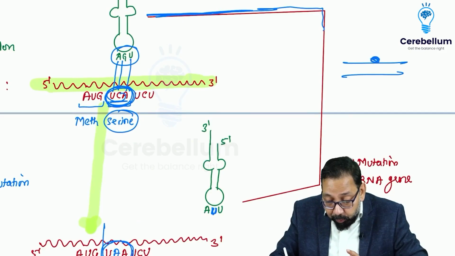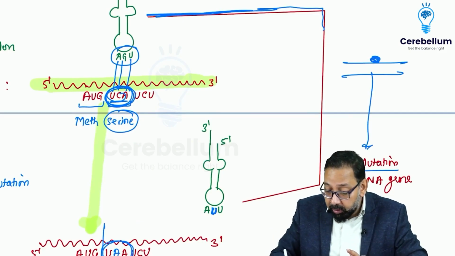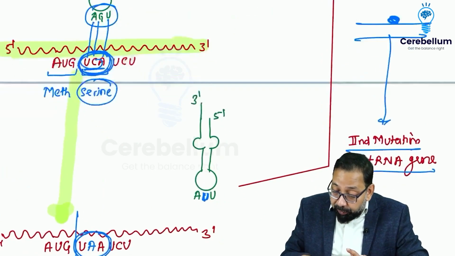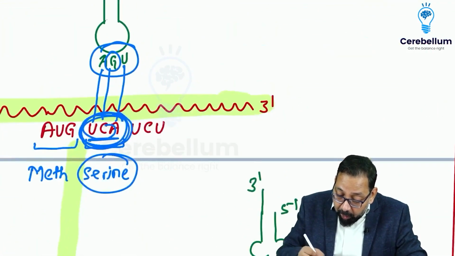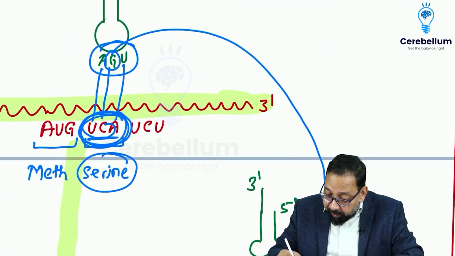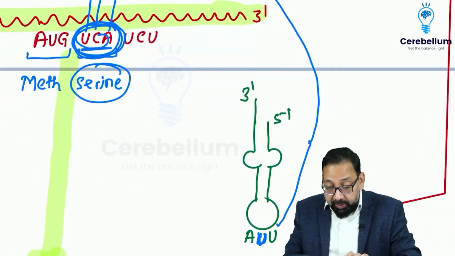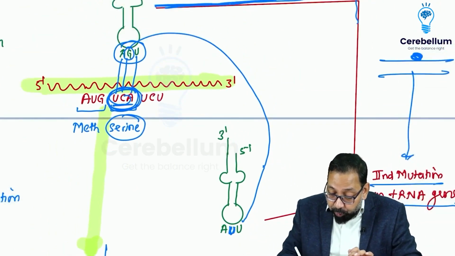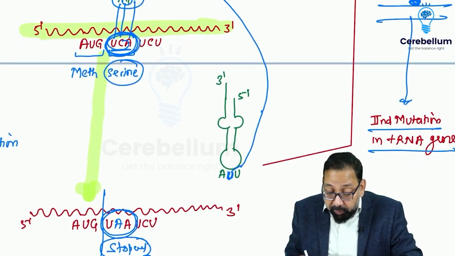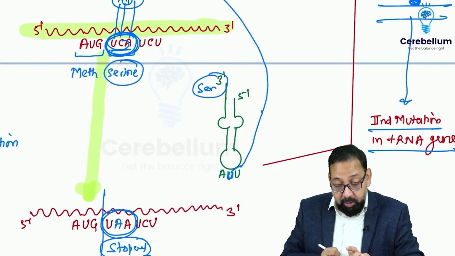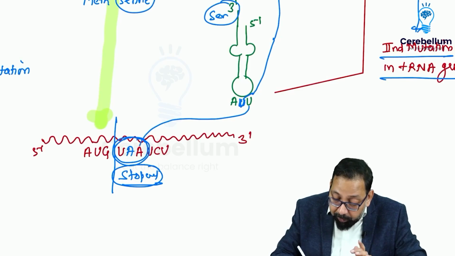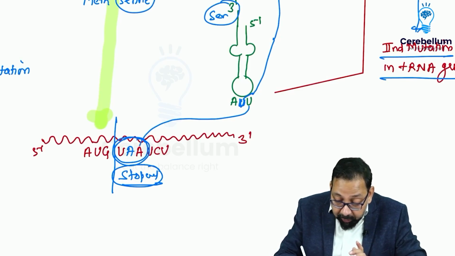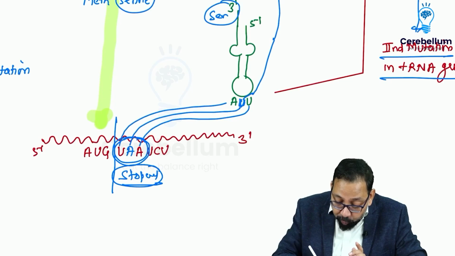Previously it was G, now this G is replaced with U. The second mutation converted this G to U. Now this transfer RNA carries serine, and the base pairing rule will be followed: U will pair with A, and the mutated anticodon will pair with the codon.